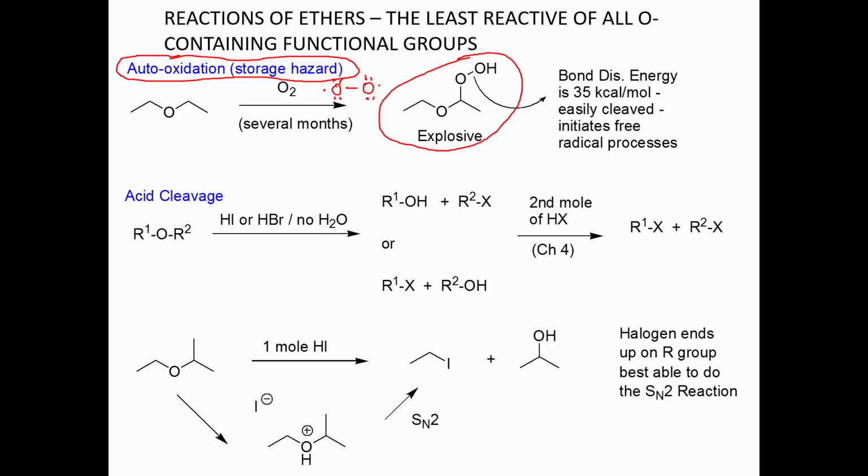This is an explosive type of compound. Basically, this oxygen-oxygen bond is very weak. Its bond dissociation energy is only 35 kilocalories per mole. So mild heating or hitting it with a hammer or something like that can really detonate an ether.